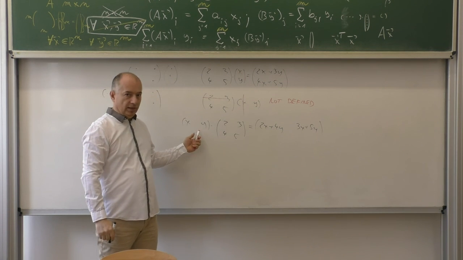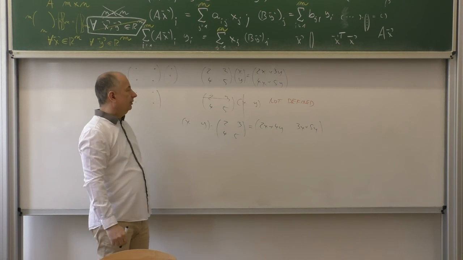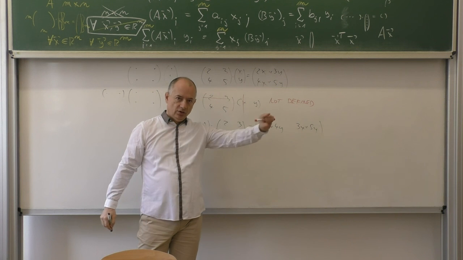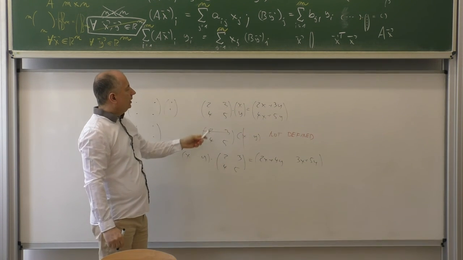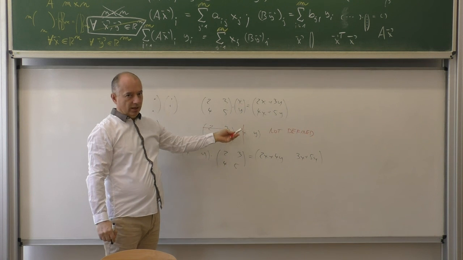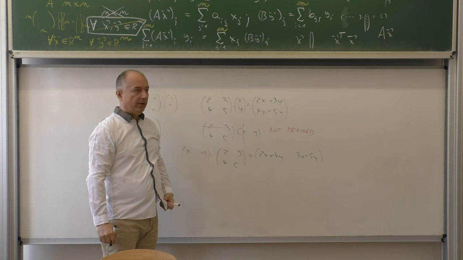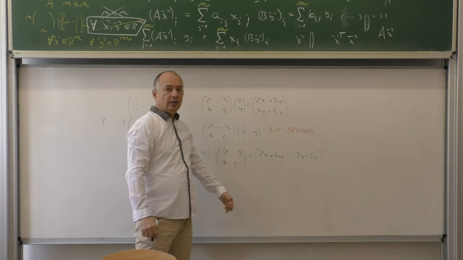So if the vector is on the left, it must be in row form, and the result is again a row vector. But usually we write it in a way that the vector is on the right, and then it must be a column vector, and the result is again a column vector.